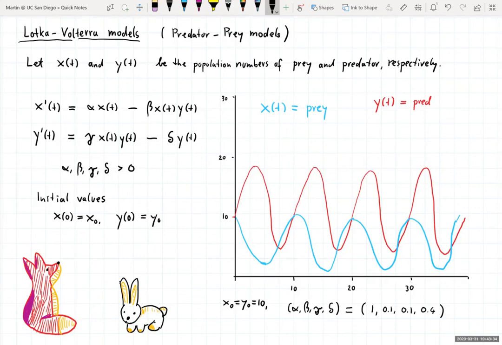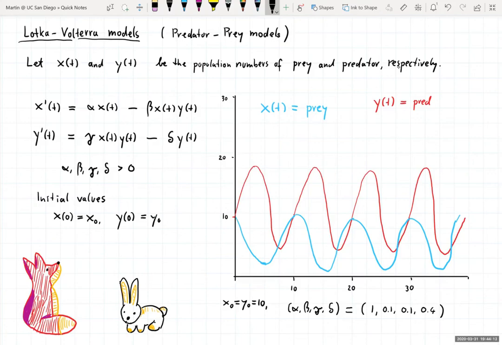In this scenario, alpha, beta, gamma, and delta are again some constants, which depend on the specific application. And of course, we have initial values. x at time t equals 0 is x naught, and y at time t equals 0 is just y naught. Now, for the sake of illustration, we assume that alpha, beta, gamma, and delta are positive constants.